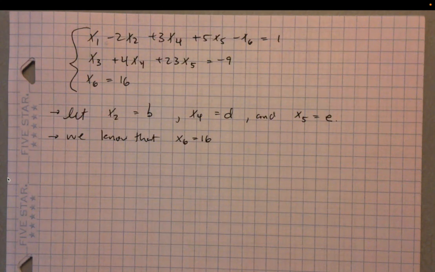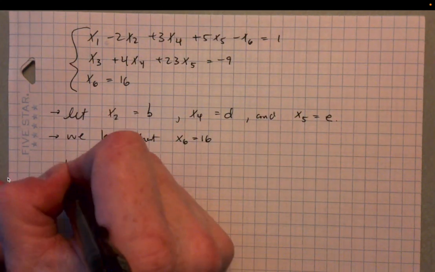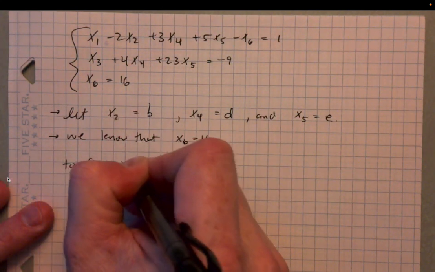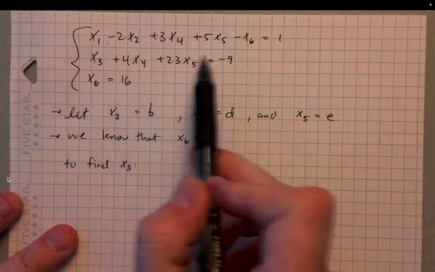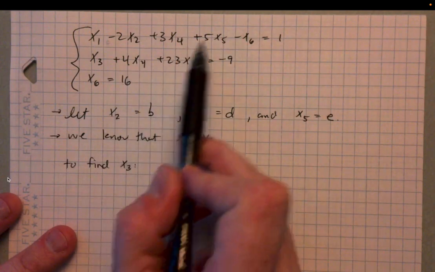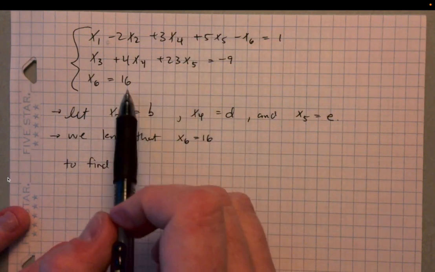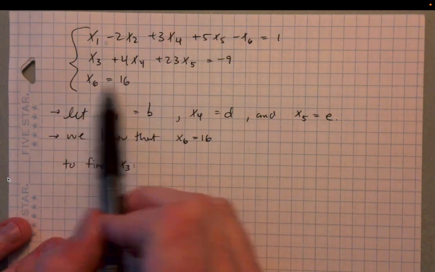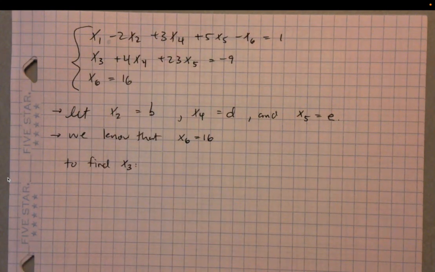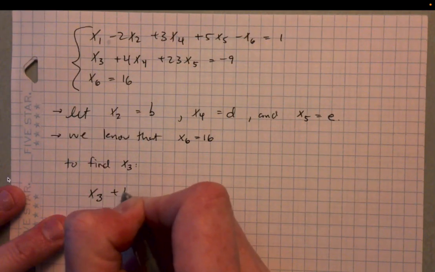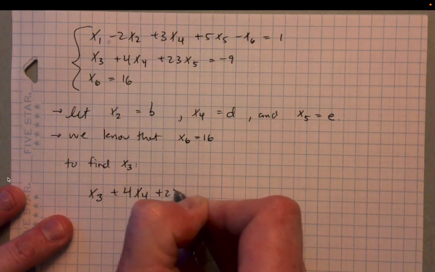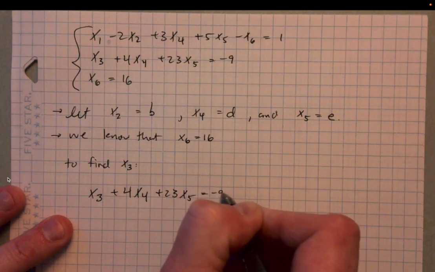Let's go ahead and find x3. You have to remember, move your way up the system. You start at the bottom and move your way up. That's what Gaussian elimination provides you, that easier back substitution. So we've got x3 plus 4x4 plus 23x5 equals -9.